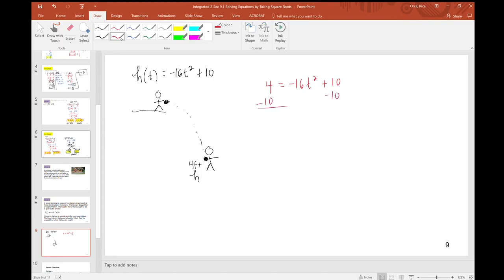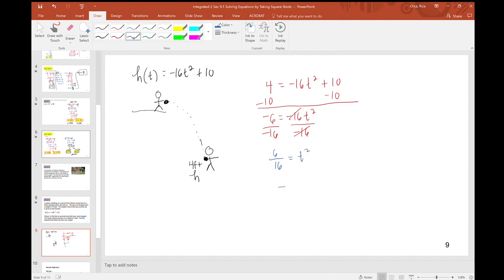Subtract 10 to both sides. 4 minus 10 is negative 6, which equals negative 16t squared. Divide both sides by negative 16. These are going to cancel out. Negative 6 divided by negative 16 is positive 6 over 16, which equals t squared.